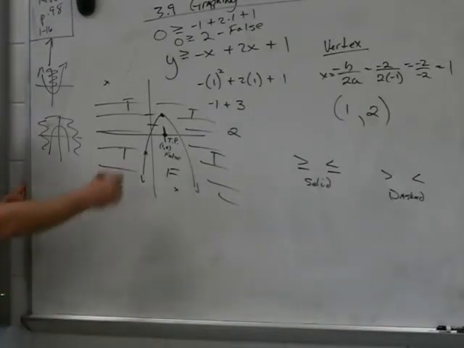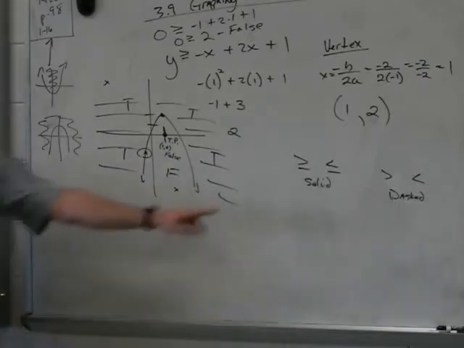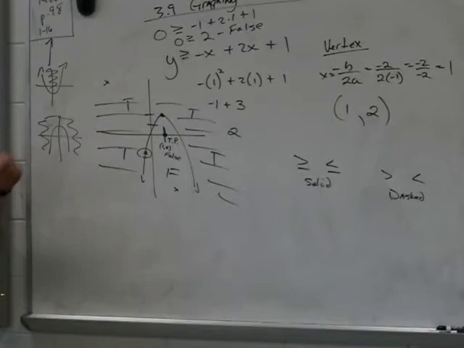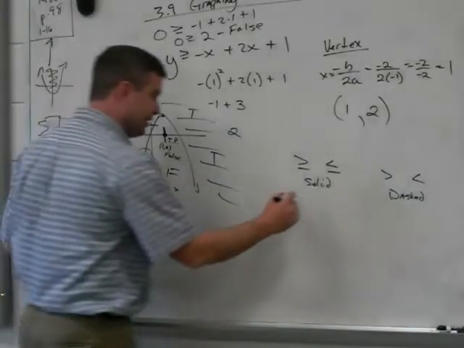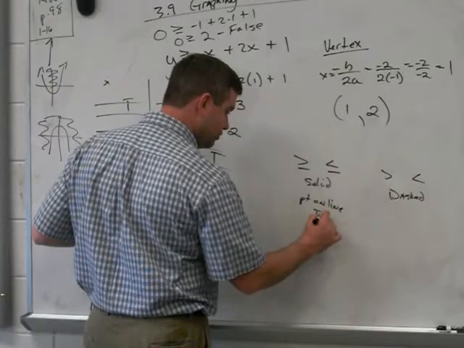True. It'd be true. Now, what about one that's on a solid line? Because we have those bars, it's a solid line. Is a point on the line work or not work? It works. It's true. Write that down. You might want to put that point on the line. True.